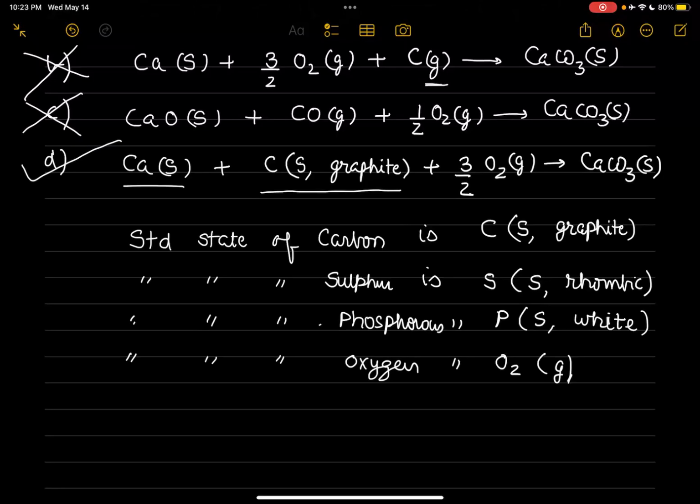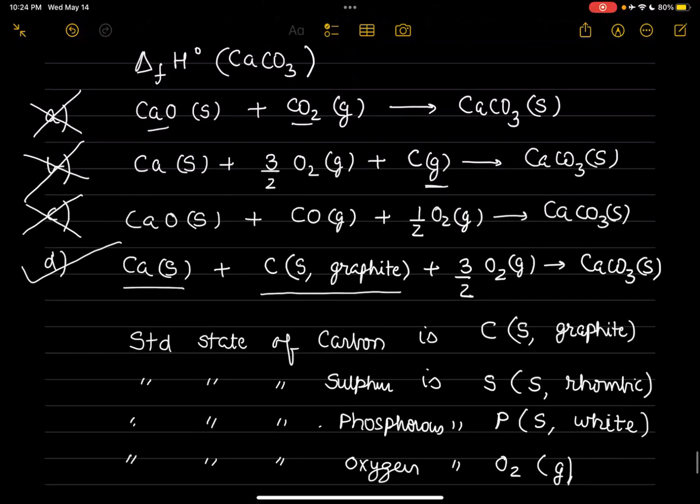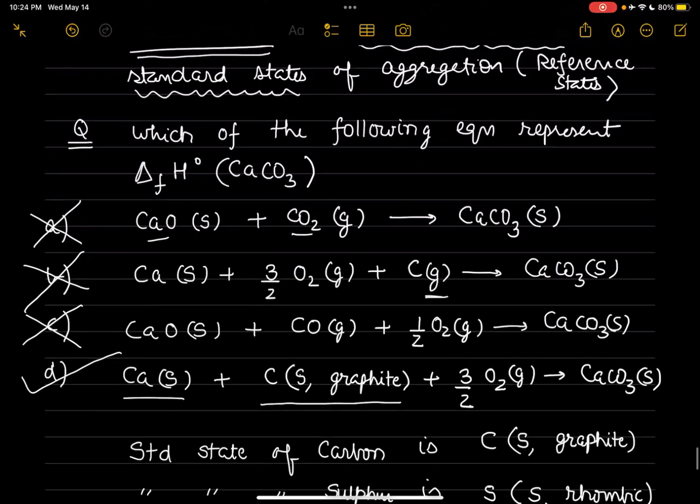So whenever a compound is forming from its elements, taken in their standard states, then for the 1 mole of compound being formed, whatever enthalpy change we get under standard conditions represents the standard enthalpy of formation.